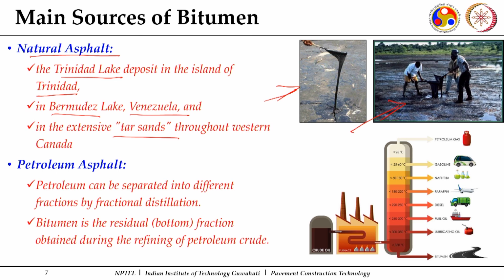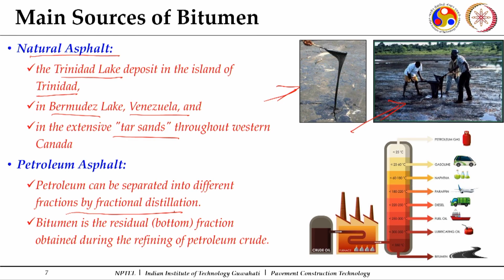And as I said, later on with the growth, specifically the requirement of automobile fuel, the refining of the petroleum crude took place in the early 1900s, and the bitumen which is derived from the refining of crude petroleum became more popular.